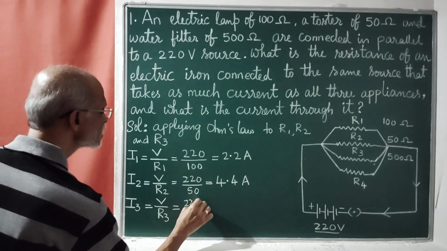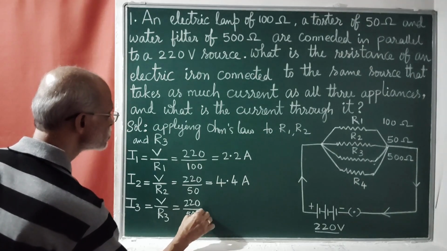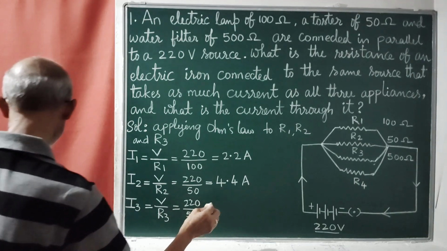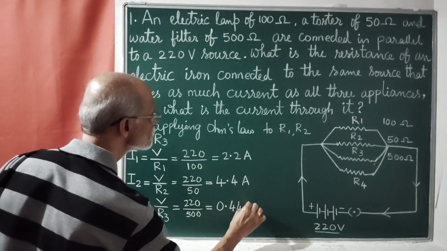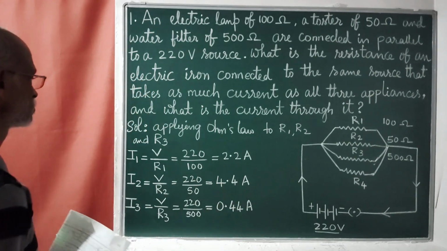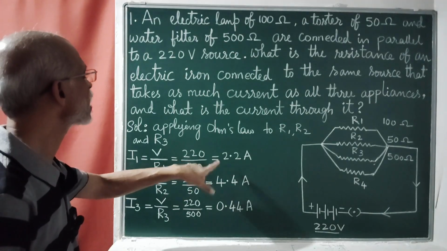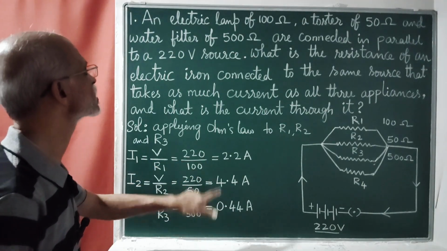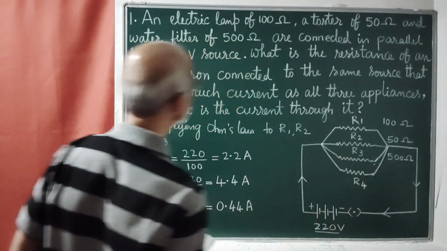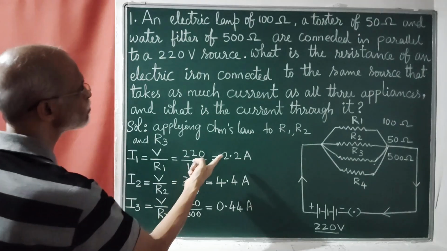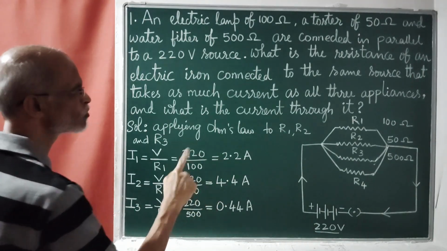So 220 by 500 is equal to 0.44 amps. This is the current flowing through R1, R2 and R3. Now the current flowing through R4, that is the electric iron, is equal to the sum of all these currents. I1 plus I2 plus I3 is equal to I4.